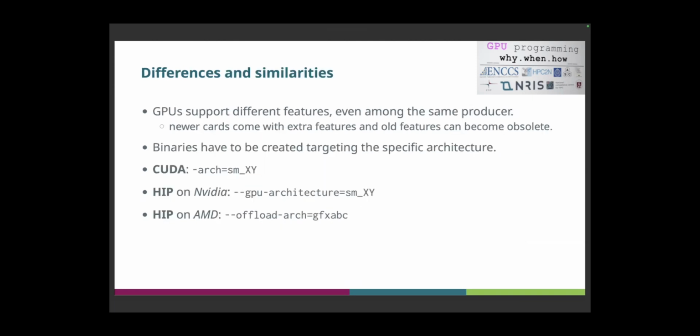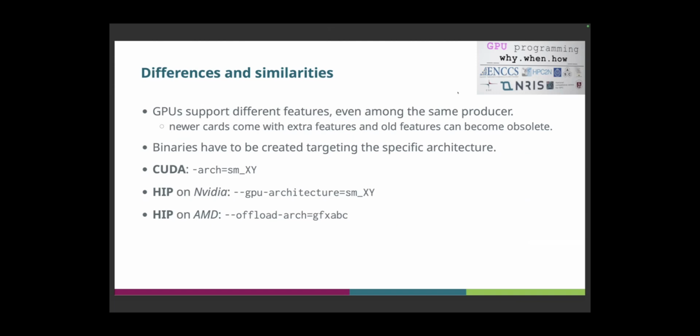There are many models of GPUs, and even within the same vendor, they support very different features. When you write an application, it's important to be aware of what features are available and what you can use. Also, a very simple thing: when you build the binaries, you have to specify what architecture or model you are targeting.